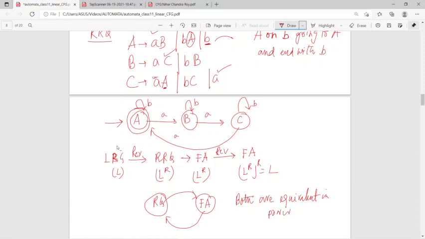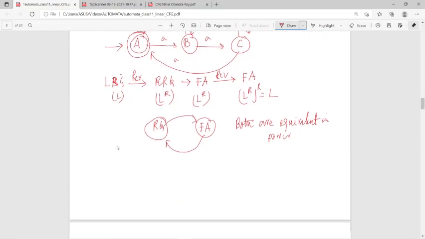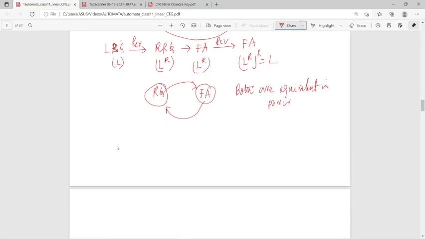Now, about the regular grammar, we know that is the type 3 grammar, and now type 2.